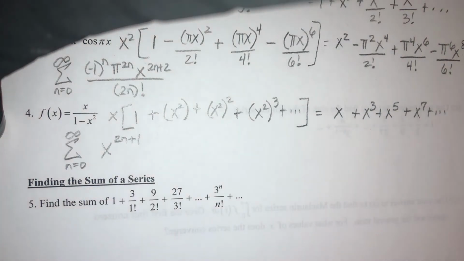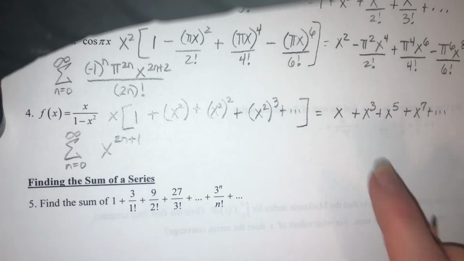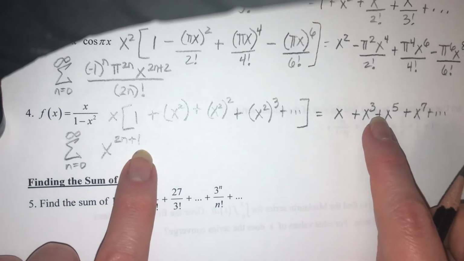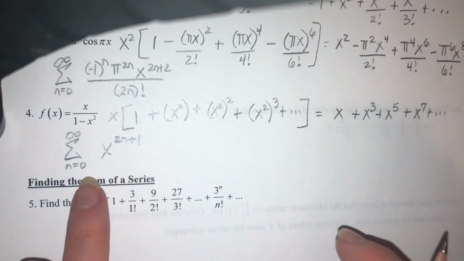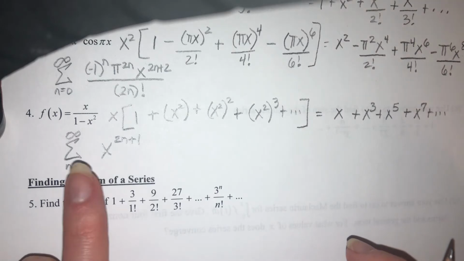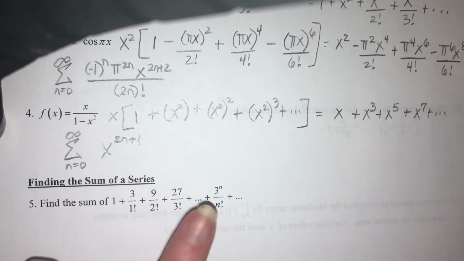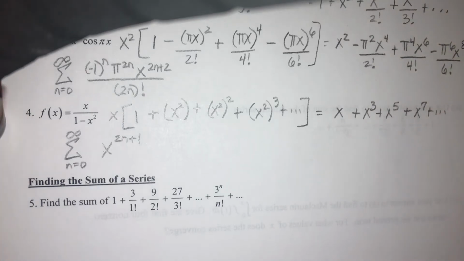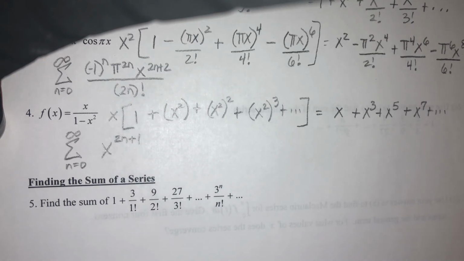That should get me 1, 3, 5, 7 as I plug in 0, 1, 2, 3. Yep. All right.